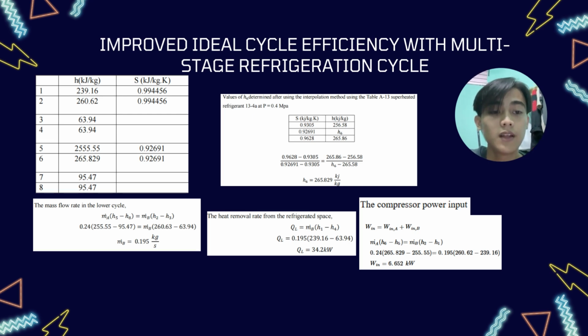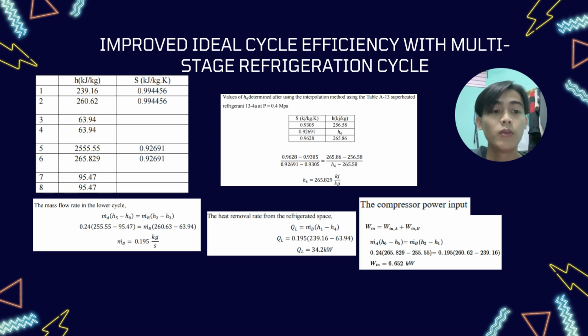After we insert the values for m dot A, H5, H8, H2 and H3, we will find the value of m dot B, which is equal to 0.195 kilogram per second.